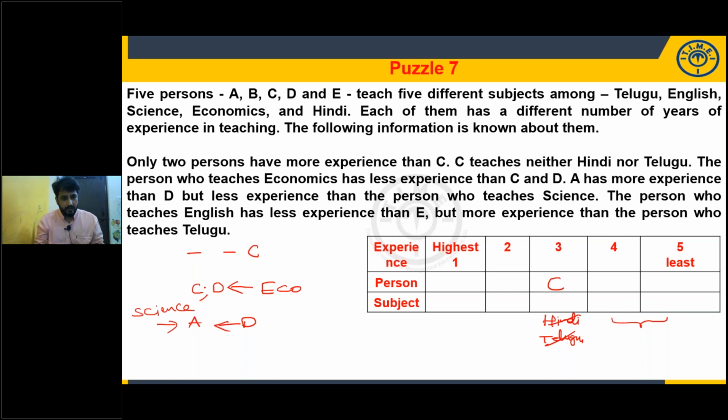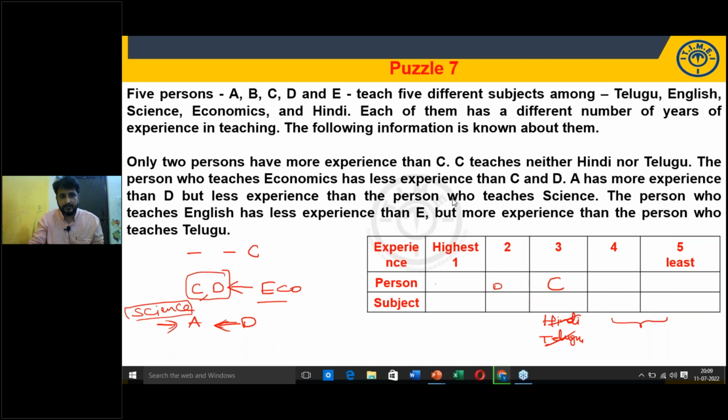Okay, now where can I take that? Can I take D here? D has to be in one of these four positions, right? So can I take D here in the second position? Or tell me the position of D.